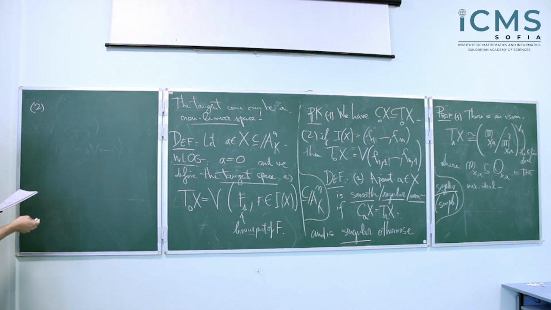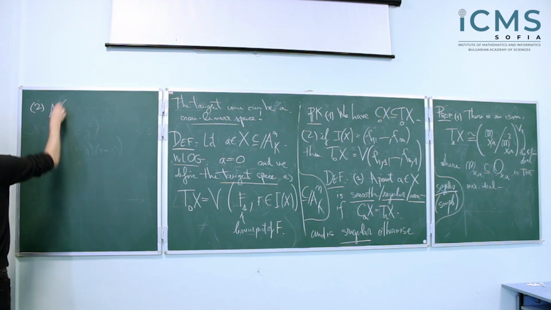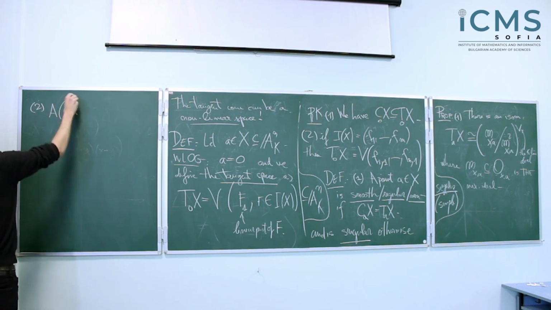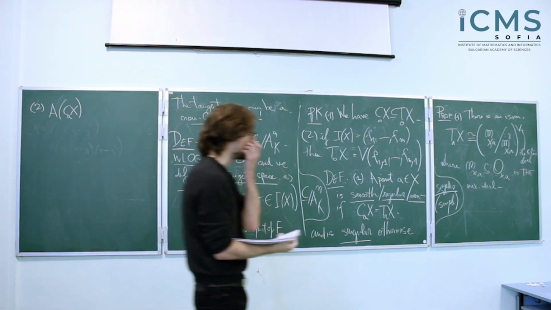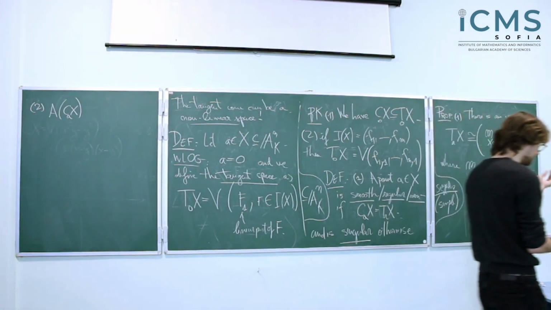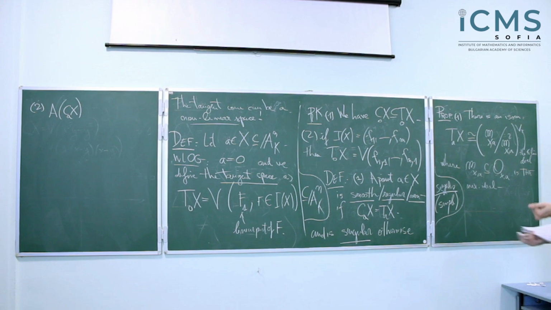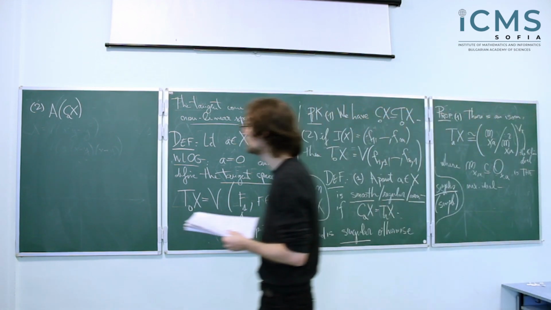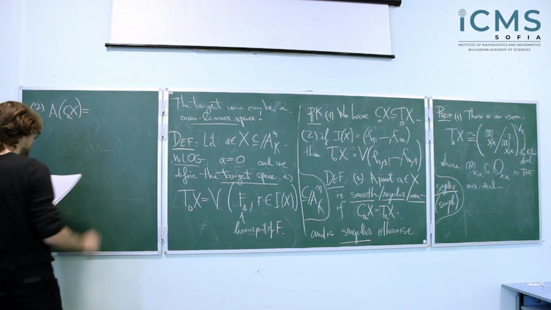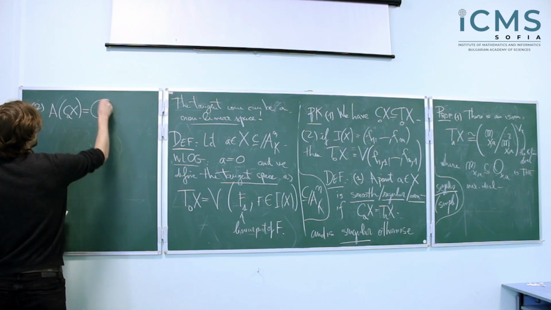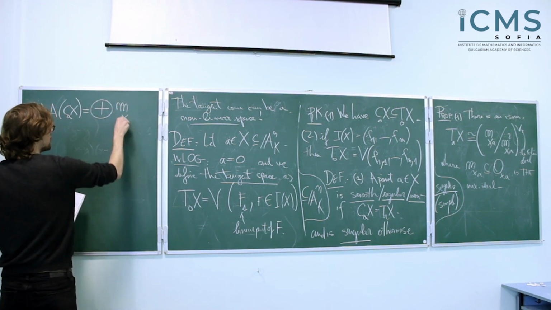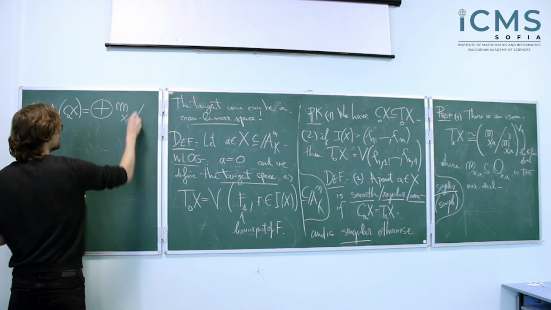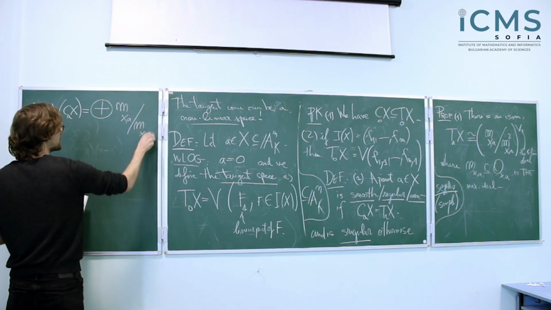But the second statement is that if I want to compute the coordinate ring of the tangent cone, I actually obtain a very specific type of algebra here that is also linked to this maximal ideal.